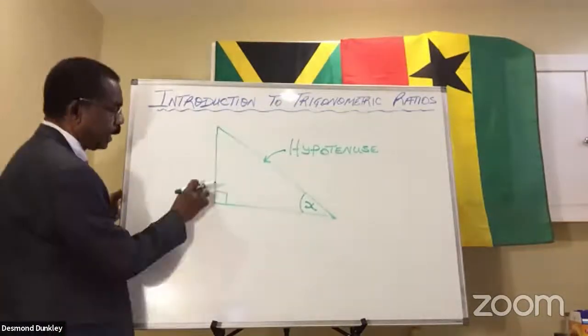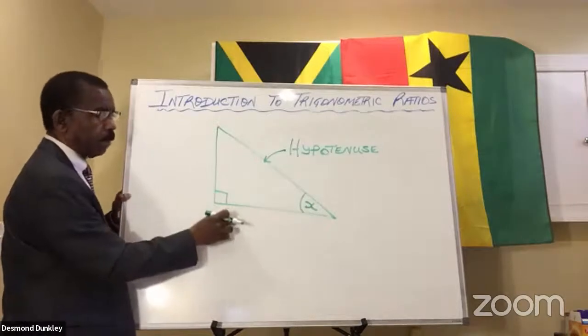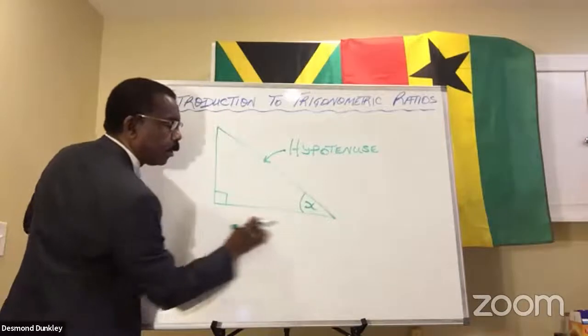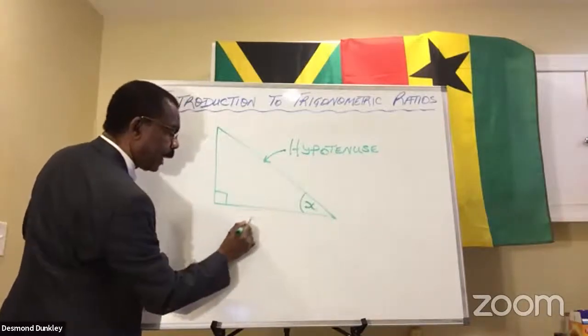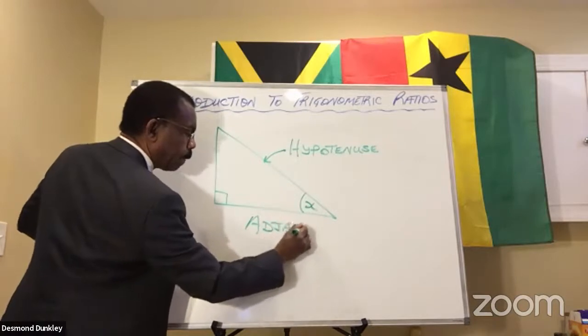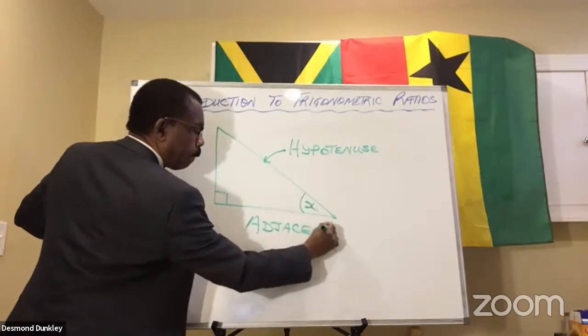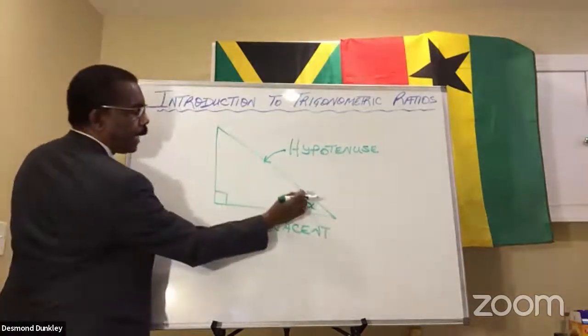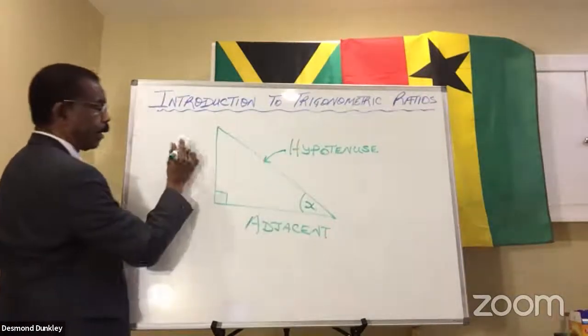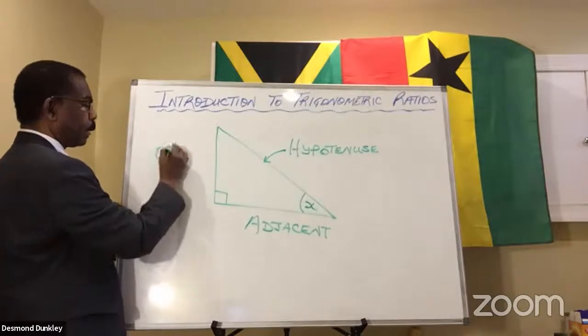Remember, we call these legs, but they have special names. So the one that is beside your angle is called the adjacent. And the one that is across from your angle is called the opposite.